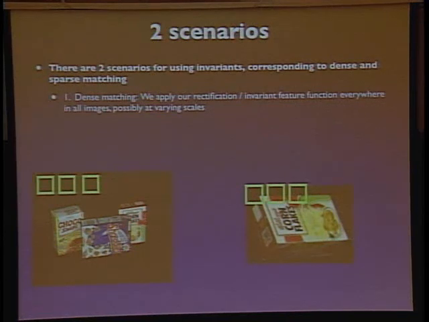Now for dense matching, what we basically do is apply rectification or invariant feature functions everywhere in all images, and possibly at multiple scales. So we have the same sort of dynamic as earlier, where with sparse matching you're making a big leap: you have to believe that your invariant and interesting image patch detector is doing everything that it needs to be doing, and that it's actually going to find interesting regions on your cornflake box of interest.